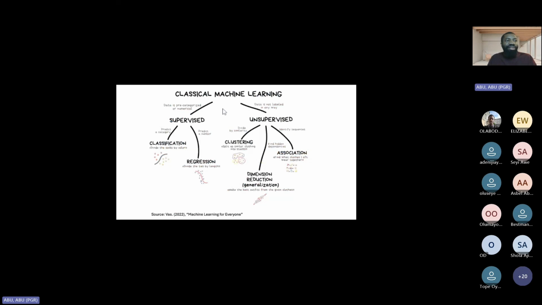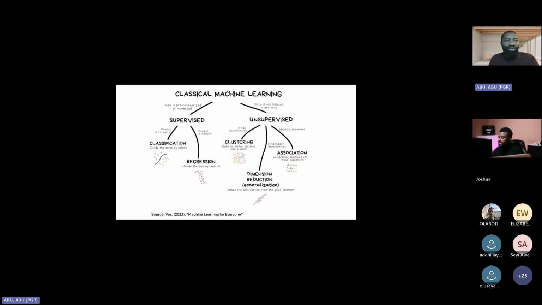Now, machine learning, the classical machine learning, as I'll call it, is divided into 2 very broad groups. You have supervised learning and unsupervised learning. Now, in supervised learning, what you have is data that is pre-categorized, right, or numerical. So you have categories clearly defined. You have the inputs, and you also have the outputs given to the machine, right?